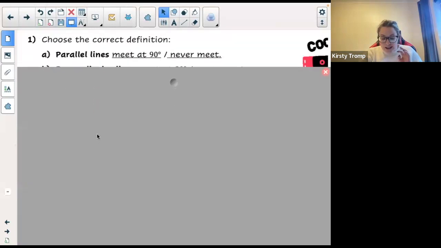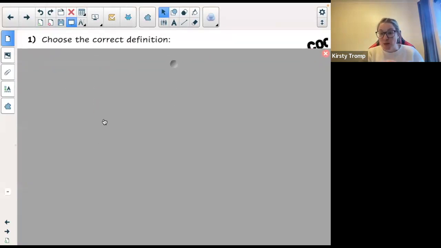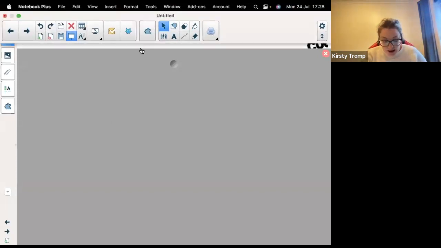Tonight, we're going to focus a little bit on parallel and perpendicular lines and how to draw them. We've worked with a protractor and seen how we measure angles. We might come back to that a little bit later if we've got more time. But for now, let's spend a little bit of time on perpendicular and parallel lines, guys.